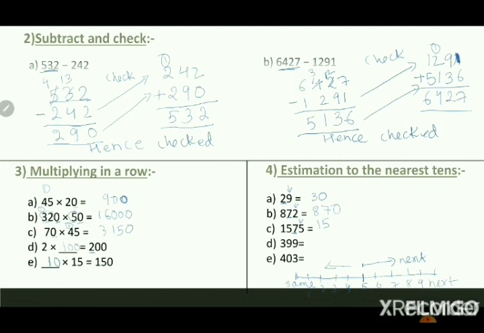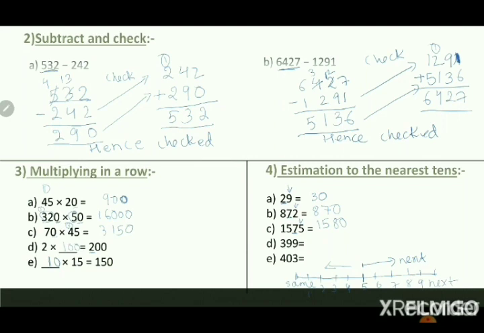So 75, which is the next tens after 75, that is 80, isn't it? Or you can say it will go to the greater tens. So 75 will go to 80. So it will become 1580 when we estimate it, or we can say when we round it.